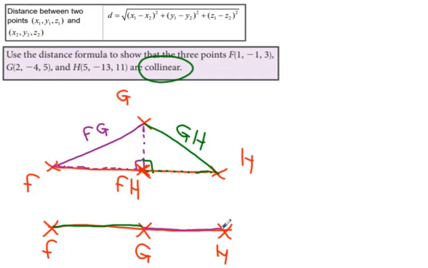So we can now use the distance formula to find out the lengths of the 3 lines. If the 2 shorter ones add up to the length of the longer line, then they must be collinear, because the only way that can be possible is if they all lie in a line, for the reasons that this diagram shows.